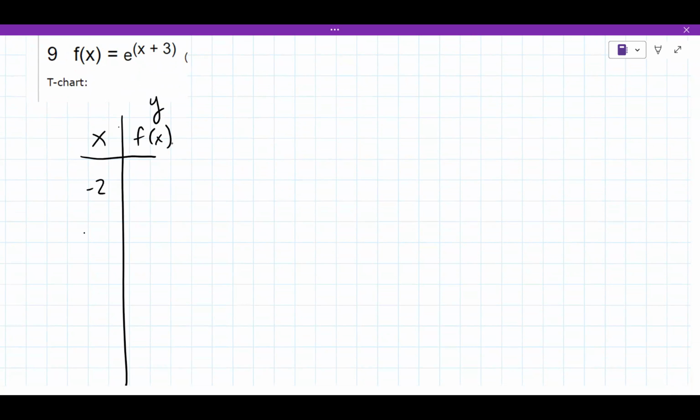So that's -2, -1, 0, 1, and 2. This time, none of the values work out nicely, so you're going to have to use decimal approximations for all of them. So go ahead and grab your calculator and let me know what you come up with.